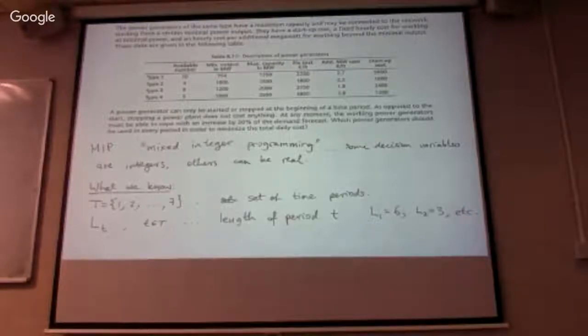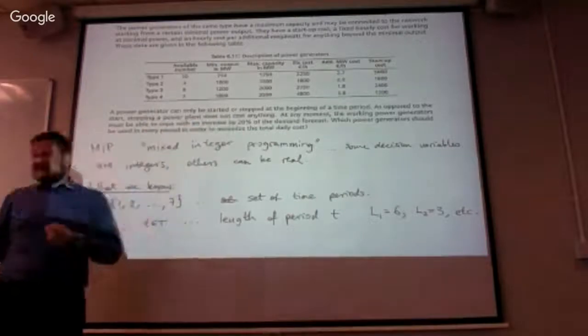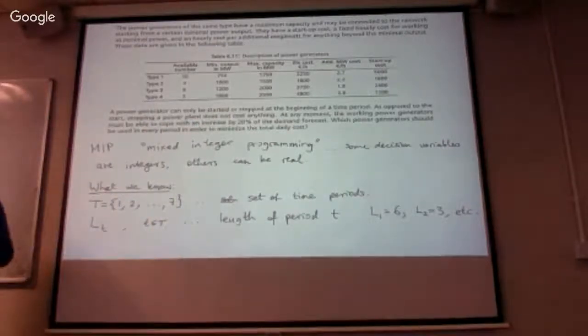You want to know how many you're switching on in that time because there's some cost associated with it. And you want to know how much they're actually making. There are basically these three things that you need to know, for any time period, because it doesn't make sense to change it in the middle of the time period and switch to something else.